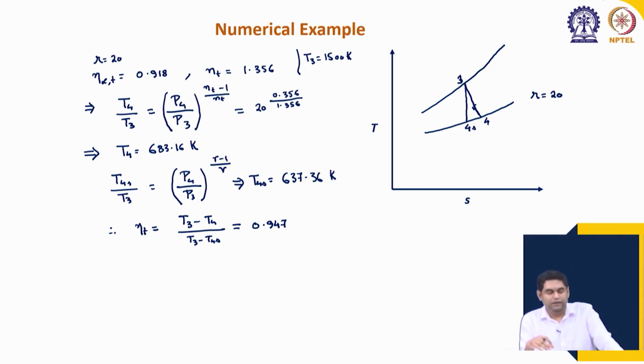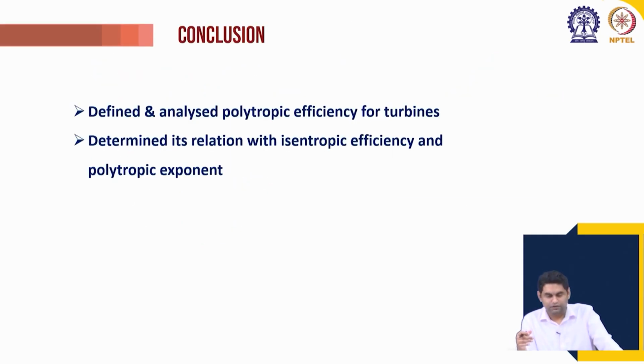So, we can see that the polytropic efficiency, if it is fixed, so in both these cases it was fixed and the same value, how the isentropic efficiency varies, and we also know how to do calculations and find temperature based on this polytropic efficiency concept. Okay. So, in this class we have defined and analyzed polytropic efficiency for turbines. Previously we had done for compressors.